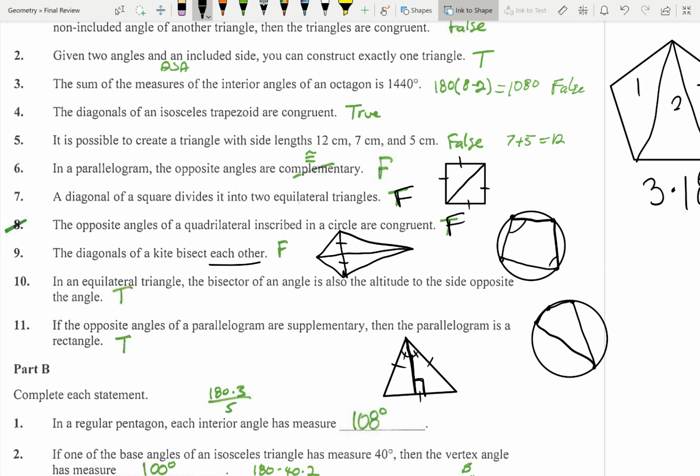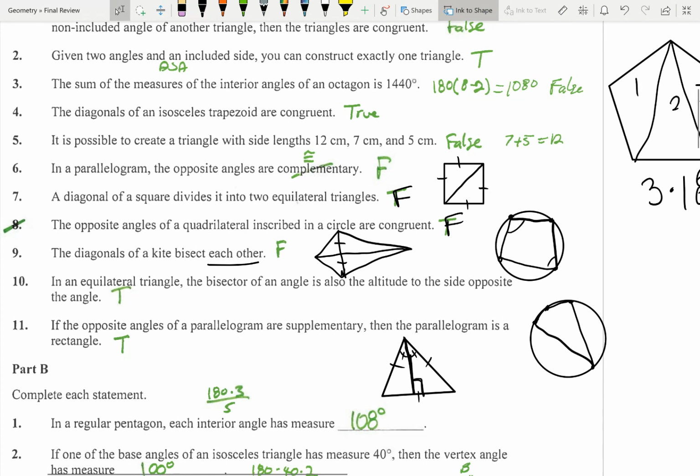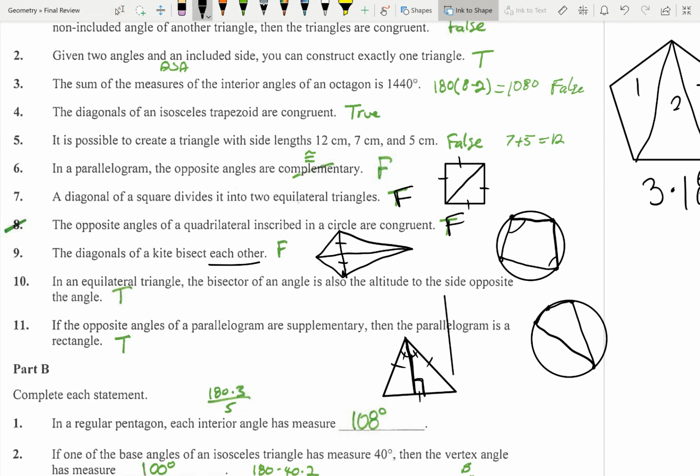If the opposite angles of a parallelogram are supplementary, then the parallelogram is a rectangle.